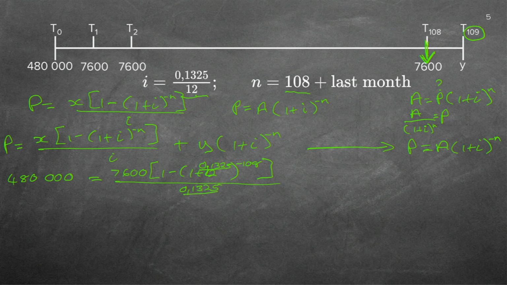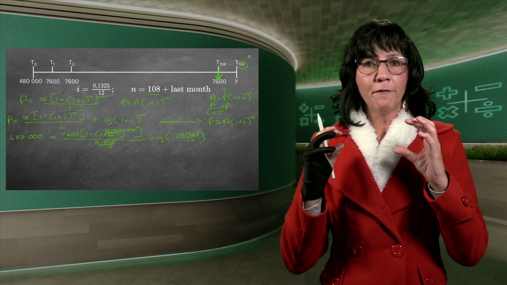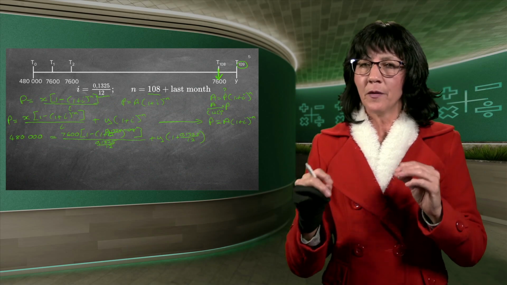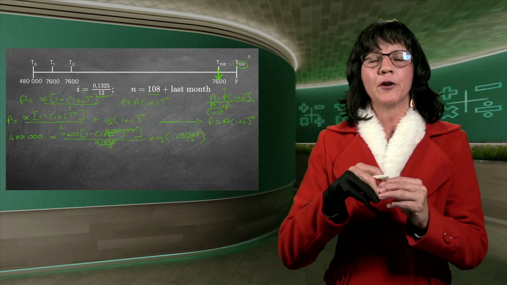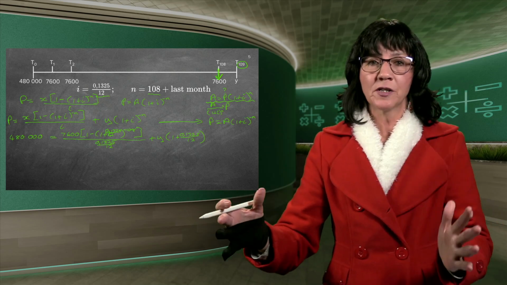0.1325 over 12. And then I must add the Y times 1 plus, the i is still the same, 0.1325 over 12. And remember what I always say, because I know what's going to happen now. Some of you will think, but now I must only use the last month, only a 1. For all my formulae, the A, the F, and the P, if I use that formula, I always have to carry on for the whole period from start to end.